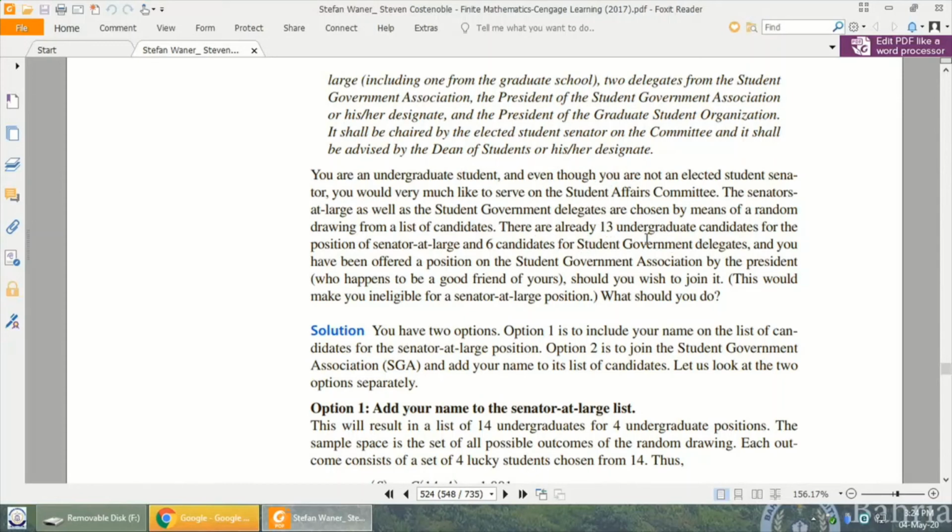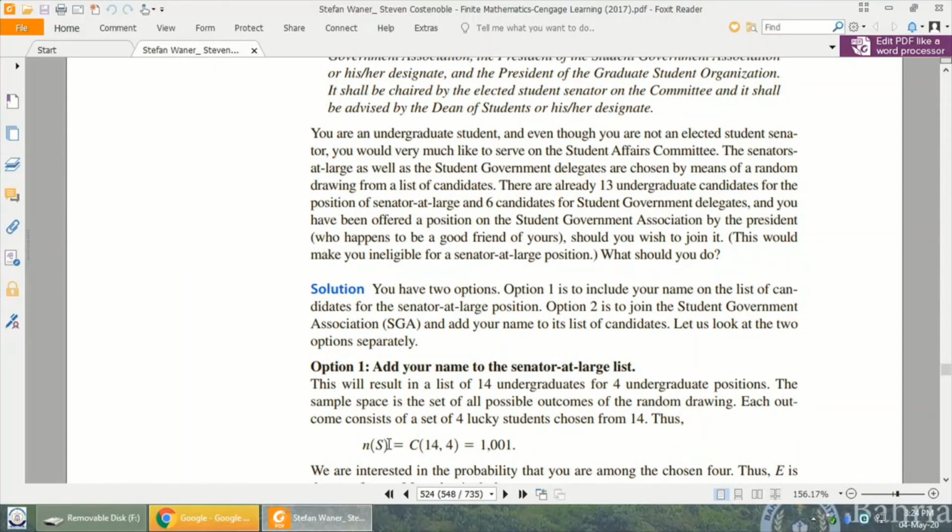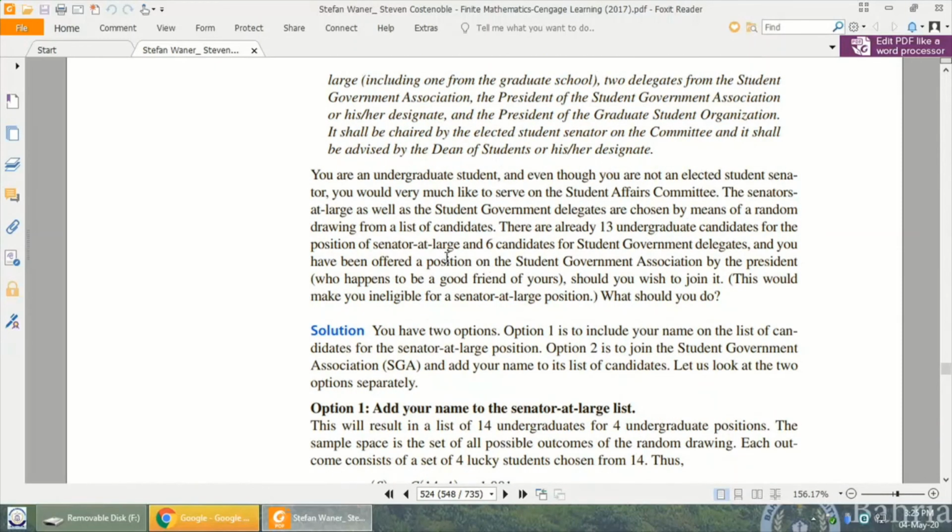So it says that there are already candidates for the position and you are not elected, so that means that you're going to be adding yourself first of all to the sample space. Plus 13 plus 1 would be 14 for undergraduate positions. The sample space is a set of all possible outcomes. So for this you have now how many positions? Now let's just look at this.